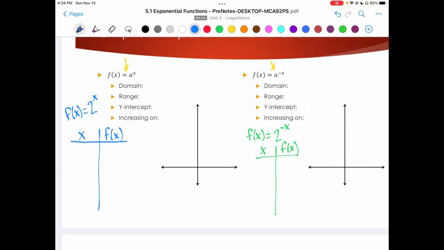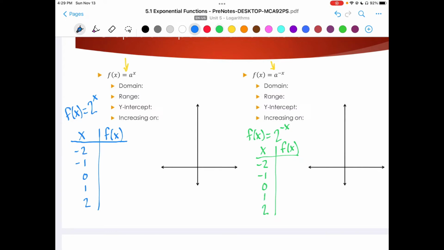So I'm just going to choose a few values. I'll go from -2 to +2, and I will do the same values. We get a nice clear comparison on the negative side.